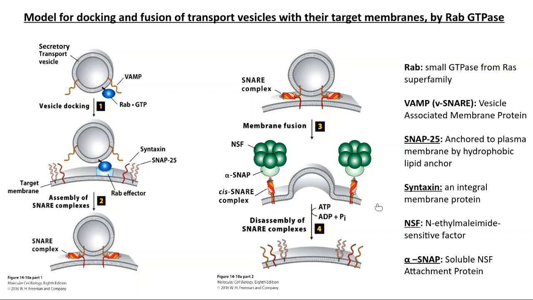These basically bind to this coiled-coil complex, and remember this RAB GTP was bound to the RAB effector.